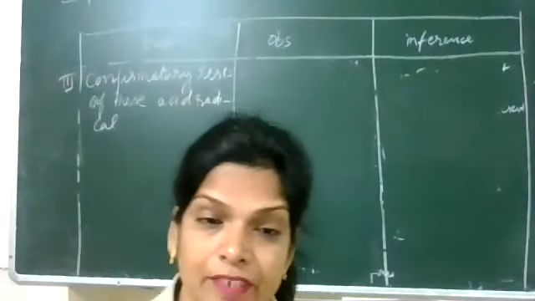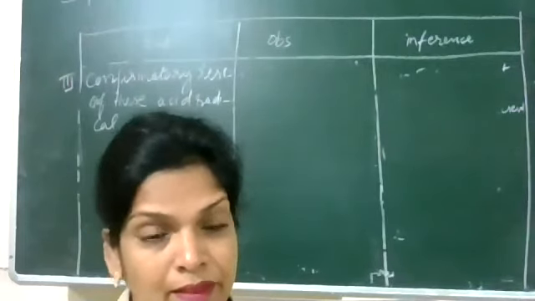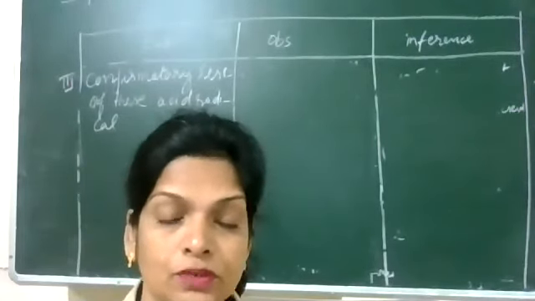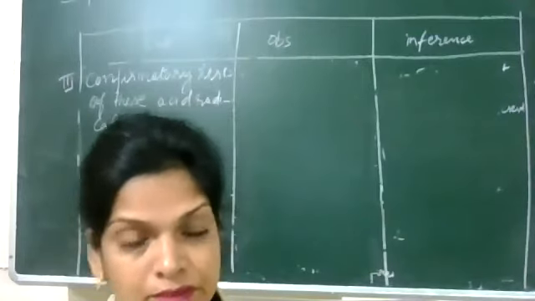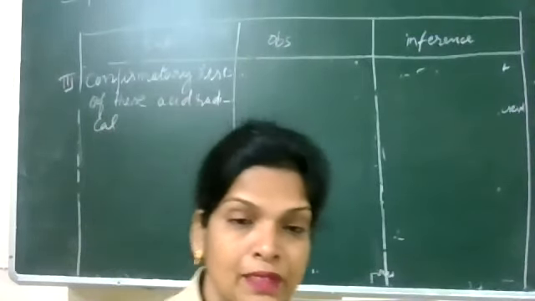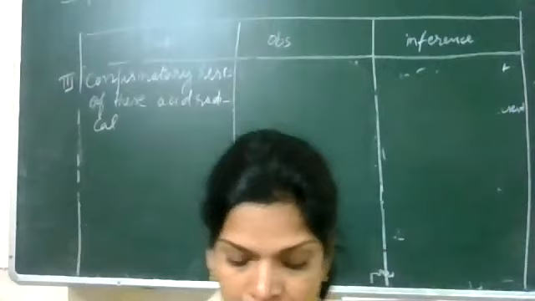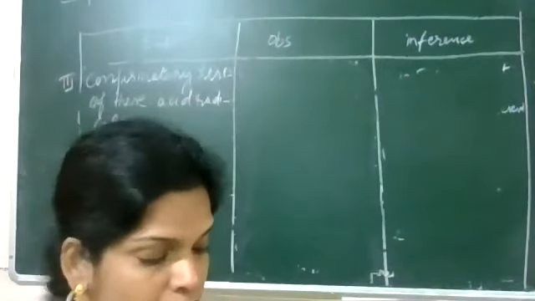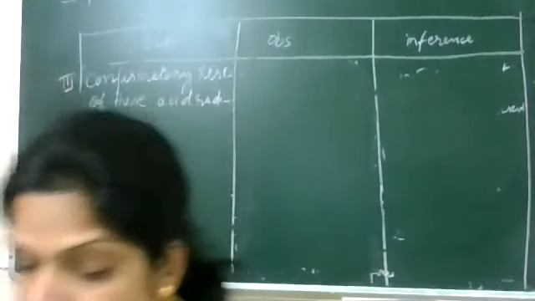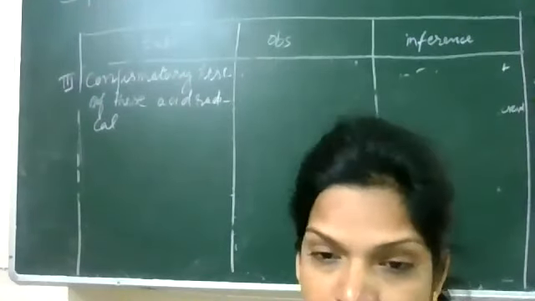If it is a curdy white precipitate which is soluble in NH4OH, chloride, Cl minus. Then a pale yellow precipitate which is partially soluble in NH4OH, bromide. A yellow precipitate which is insoluble in NH4OH, iodide. That we'll be doing.